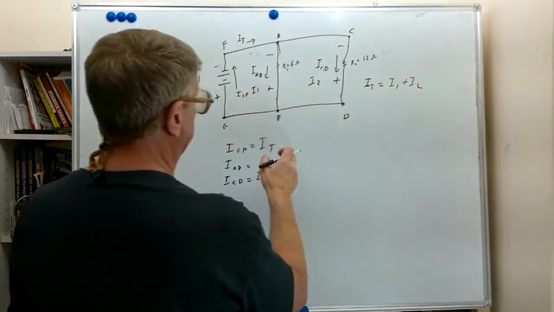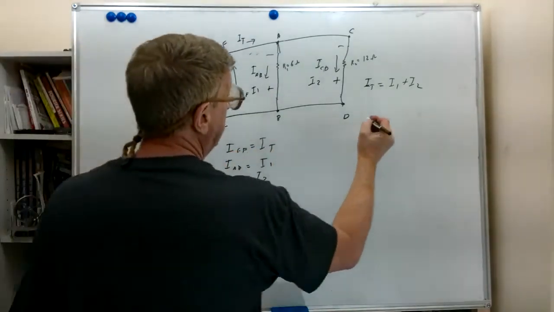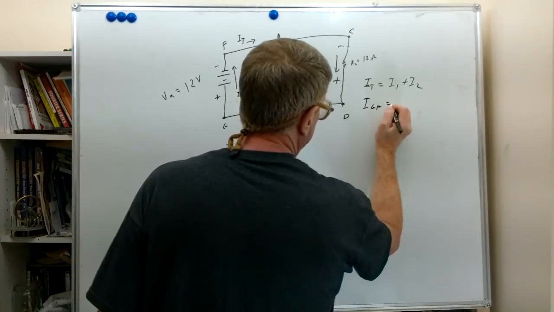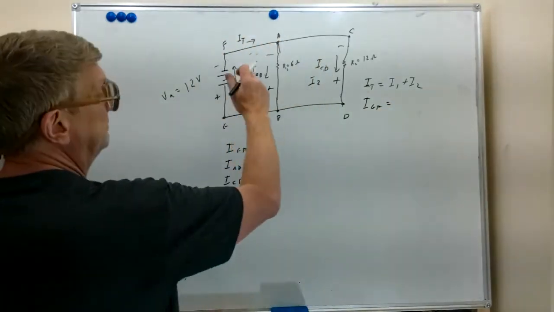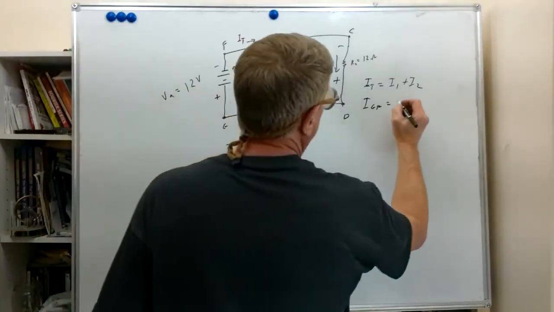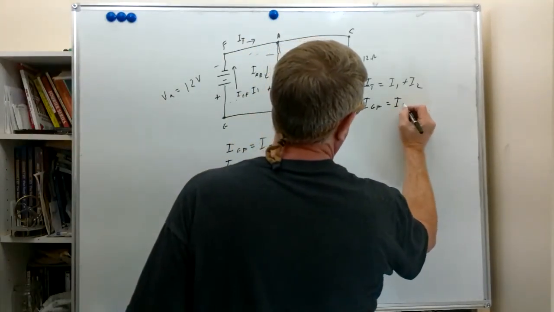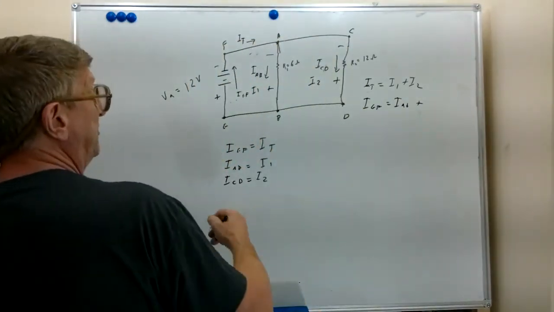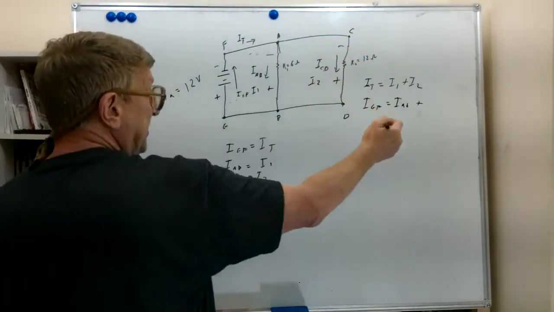Well, we can also say IE to F is the same as IT. We can say IEF, that current right there, is equal to I1, which is IA to B, plus I2, which is IC to D.